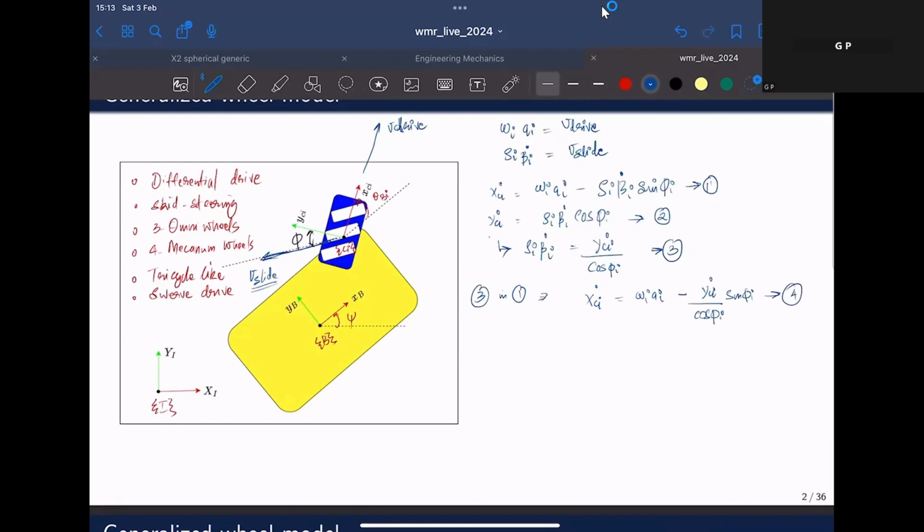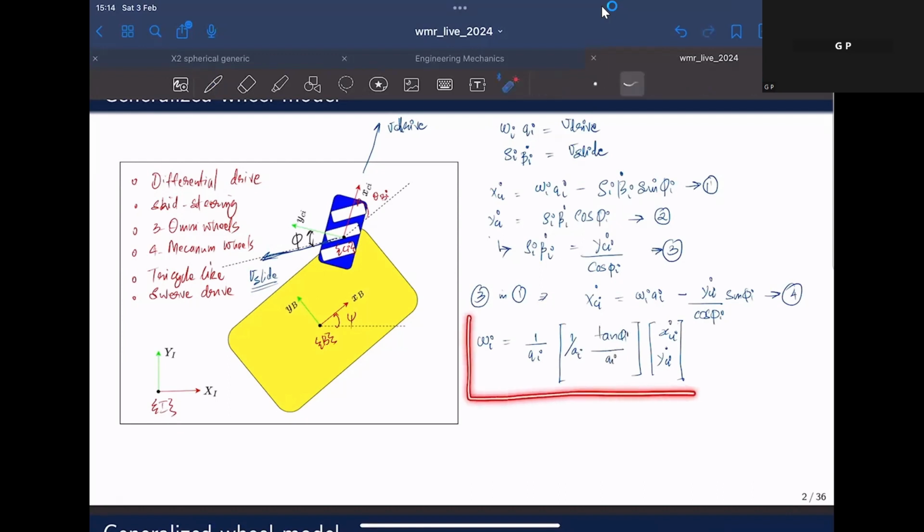Or you can rewrite this in a different form: you can write omega I as 1 by AI, as a vector of XCI dot, YCI dot, which will be nothing but 1 by AI and phi I by AI. I hope this equation is clear. I'm only rewriting equation 4 in this form. I label this as equation 5.